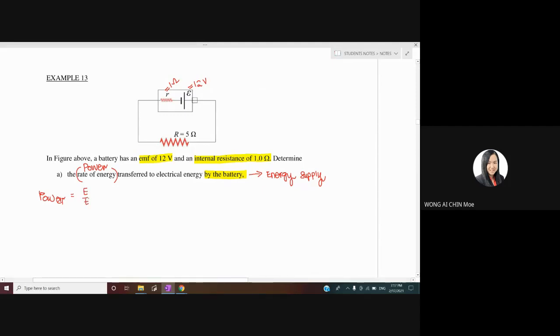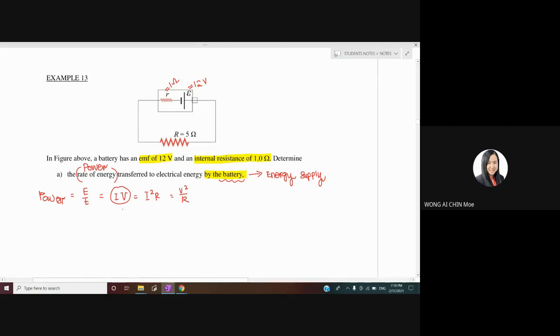Our equations are either IV, I squared R, or V squared over R, depending on which one is easier. If you want to use IV, because it's a battery, we take V as the EMF.